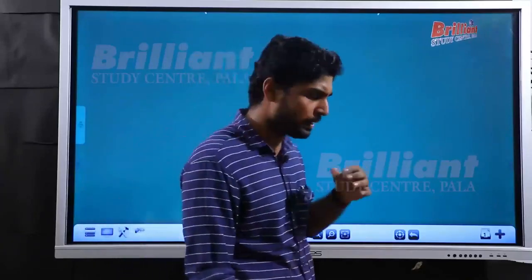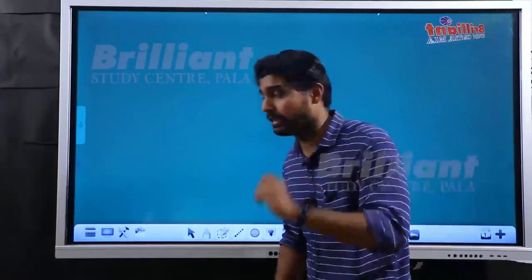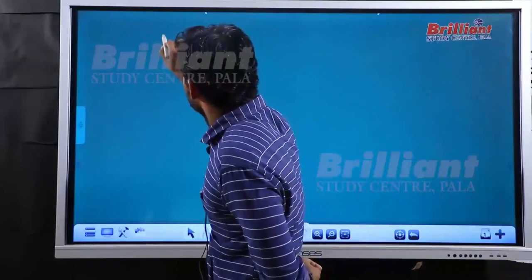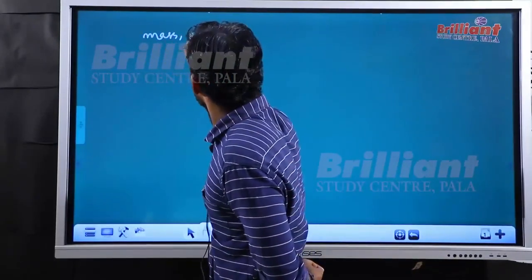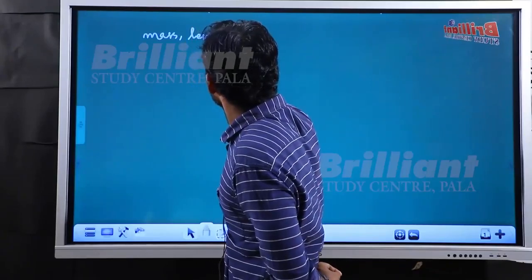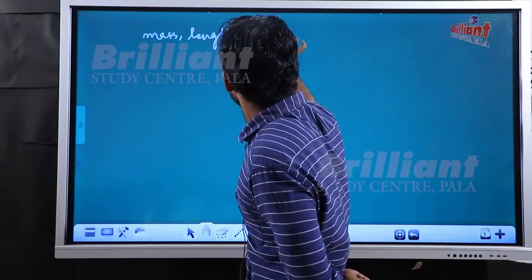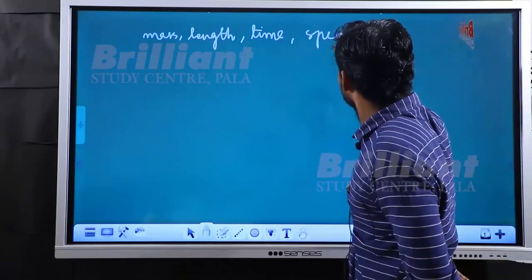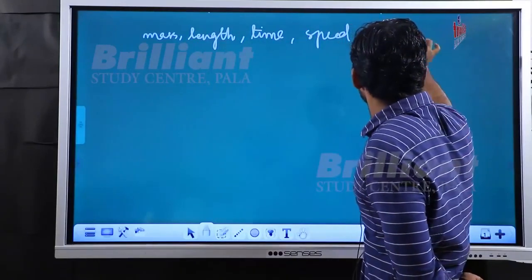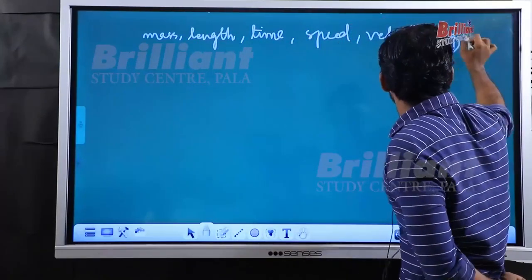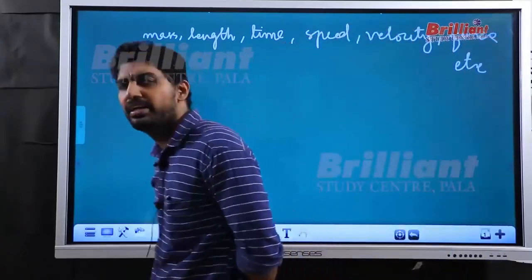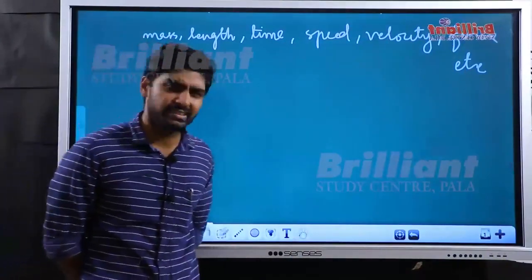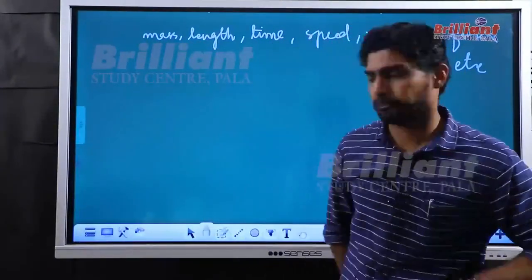Example, what I have already said: mass, length, time, speed, velocity, force, etc. There are a large number of physical quantities about which we are going to study.